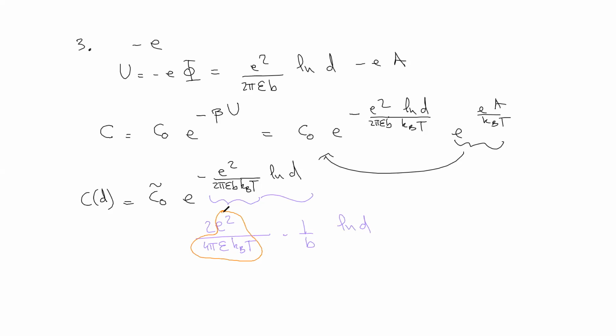What is the unit of that object first? What is the dimension? All right, you seem a bit sleepy today. So it's a length, necessarily. And what length is it? Well, it's called the Bjerrum length.